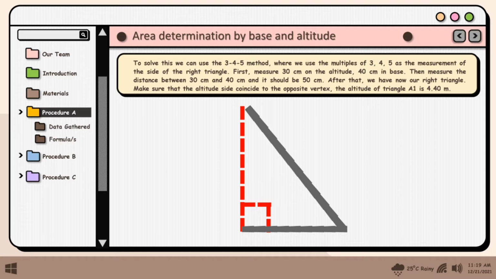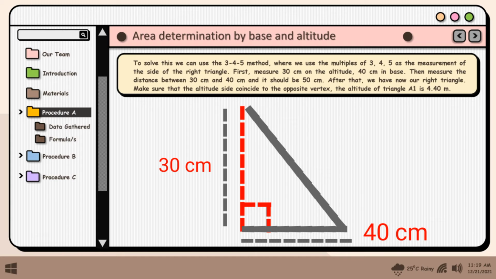First, measure 30 centimeters on the altitude, 40 centimeters on the base. Then, measure the distance between the 30 centimeter and 40 centimeter marks, and it should be 50 centimeters.